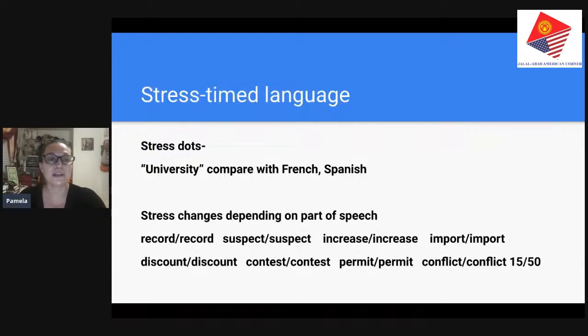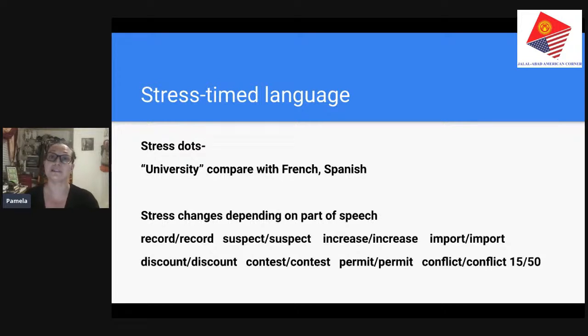So let's take, for example, just the basic word university. This one has one main stress and then a secondary stress. First let's talk about how many syllables are in the word university.